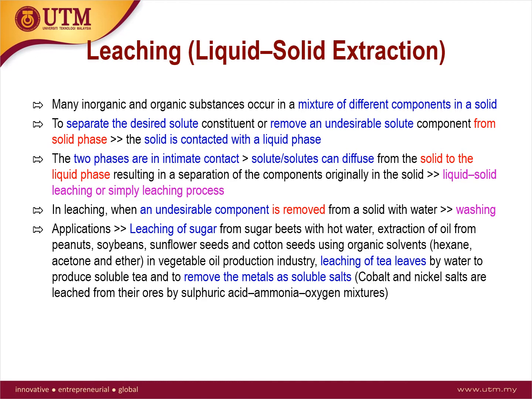The solvent can be hexane, acetone, or ether, which are chemical molecules built up from the elements C, H, and O. The oil will be separated from the original solid, which is the seed, by diffusing slowly into the solvent.